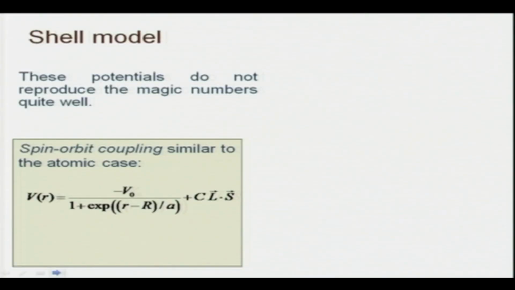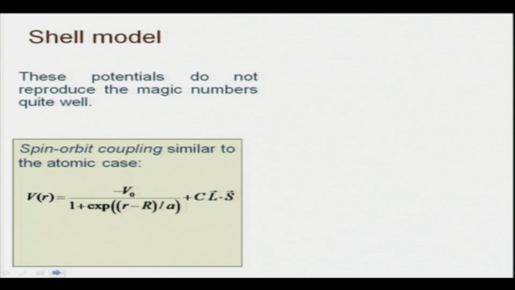So, some correction to this was thought, then similar again to the atomic case, we considered the spin orbit coupling, okay, in the case of nucleons, and this correction term is added to the potential.